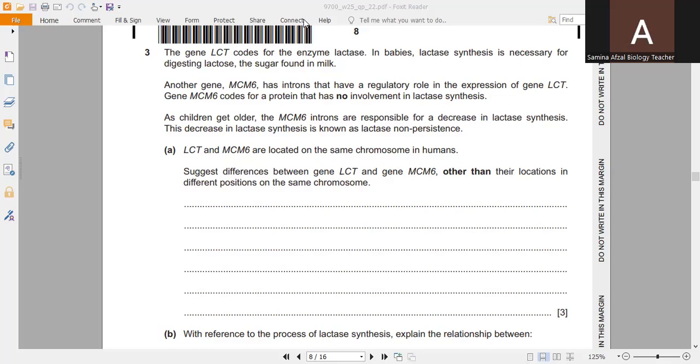And second, the MCM6 gene contains introns that regulate the expression of the LCT gene, whereas LCT itself does not have a regulatory role over MCM6. And then it is highly likely that they have a different total number of nucleotides or base pairs. So they will have a different number or different arrangements of introns and exons. So in this way, we can write these differences over here.